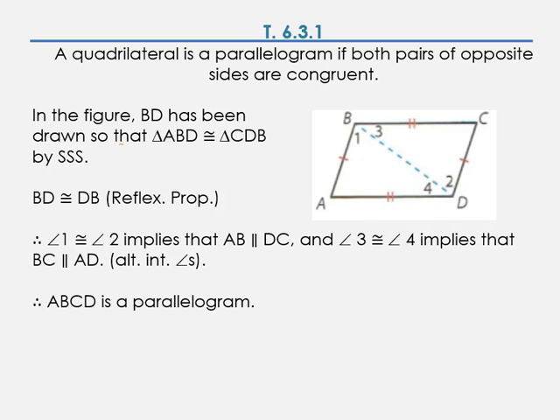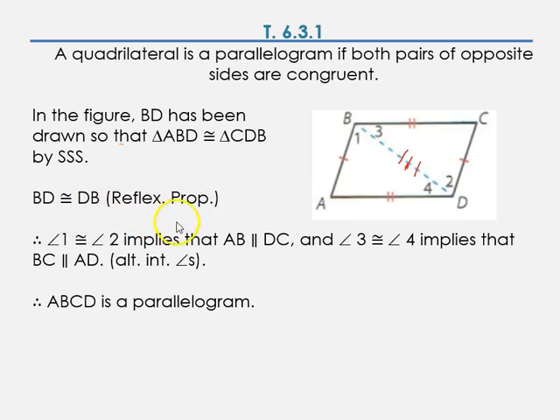Remember that when you have parallelograms divided by diagonals, you create a side that is shared by both triangles. So this will be the third side, BD. To express that, we say that BD is congruent to DB.